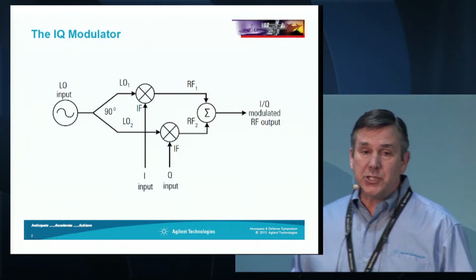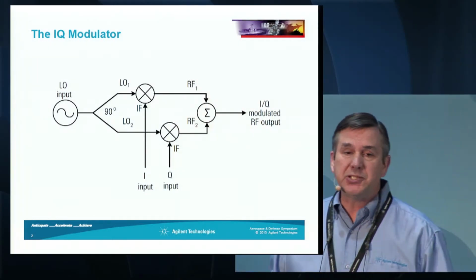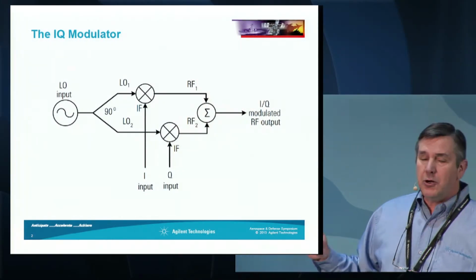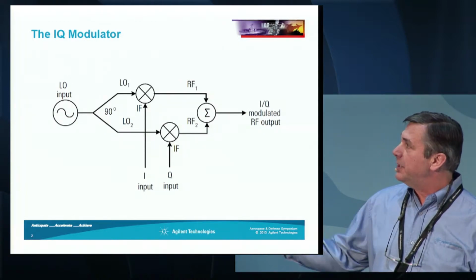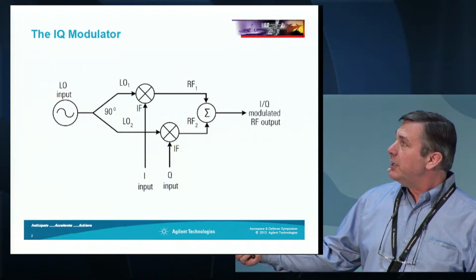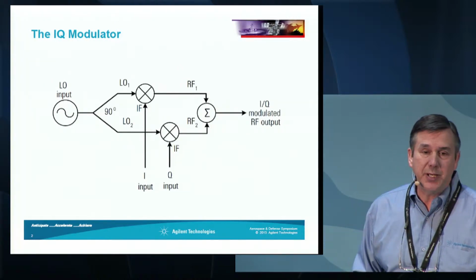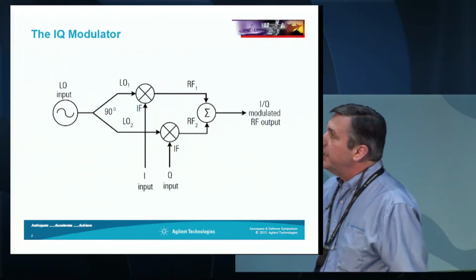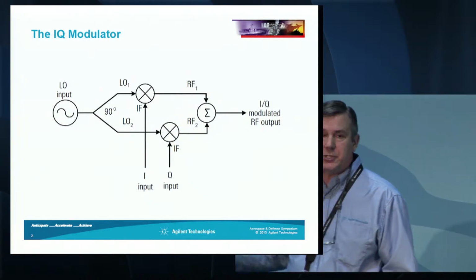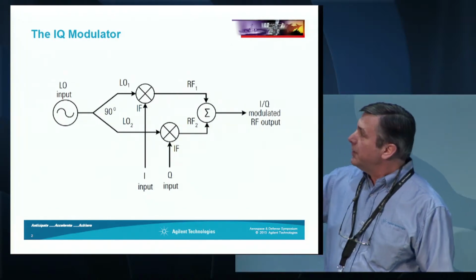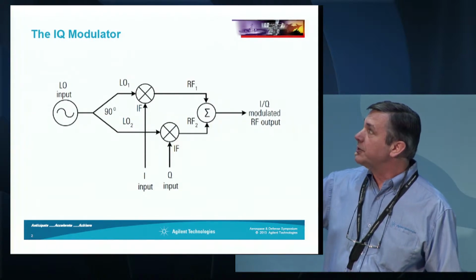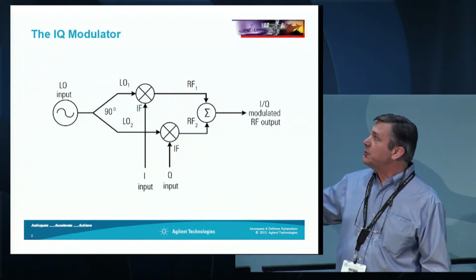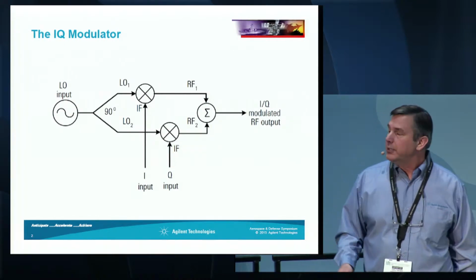The IQ modulator is fairly simple in basic structure, although a little bit difficult to optimize, and that's what we're going to talk about in the coming slides. We have an LO input that's shared between two mixers. We split that and shift one 90 degrees from the other. We call that in quadrature, the two signals are in quadrature, providing us with two RF signals, RF1, RF2.